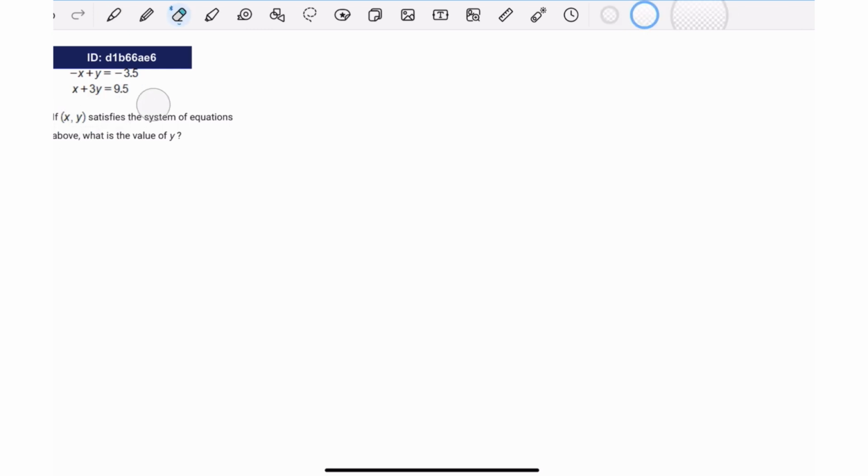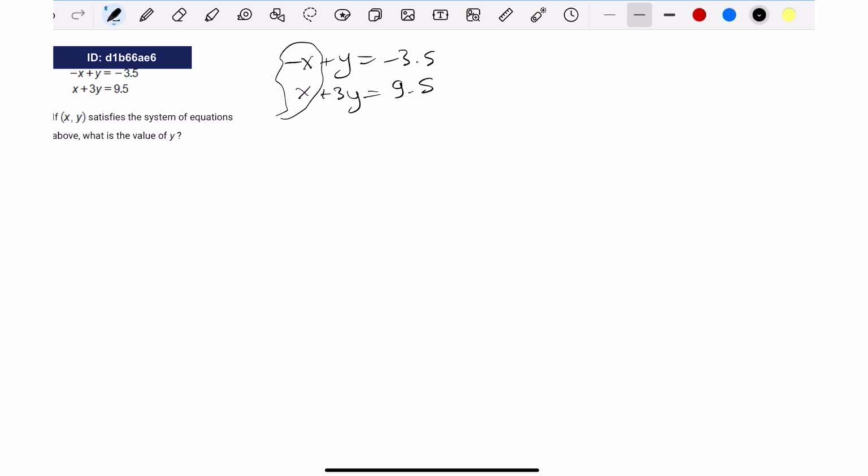Okay, so look, it gave us a clear hint here too, because it says minus x plus y equals minus 3.5 and x plus 3y equals 9.5. It's literally screaming to you, hey, please eliminate me. So you're going to say, let me add those equations to each other because the x's are going to get eliminated, right?